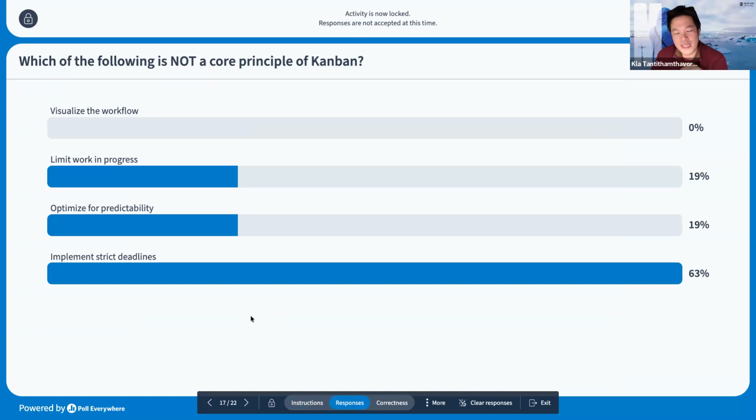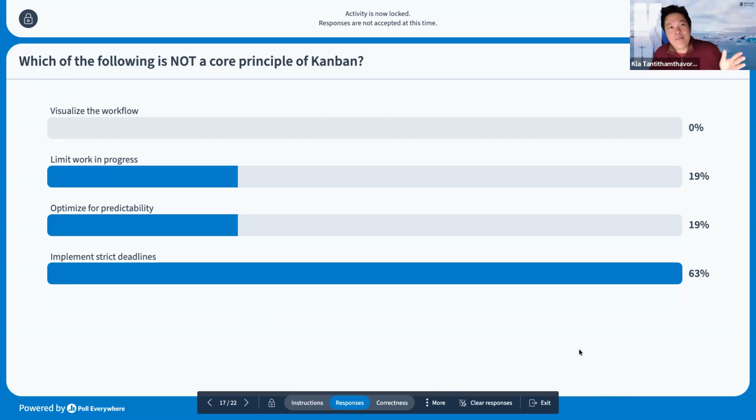Optimize for predictability. What I mean is that when the flow of the work is transparent, then you can predict whether you are on track or not, right?